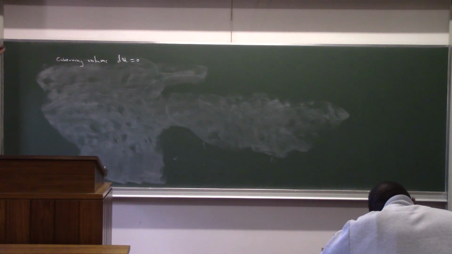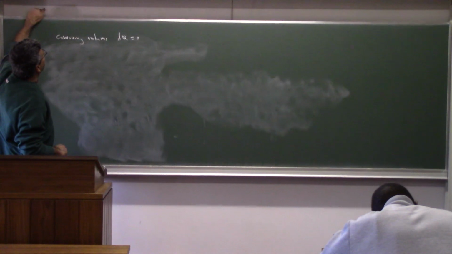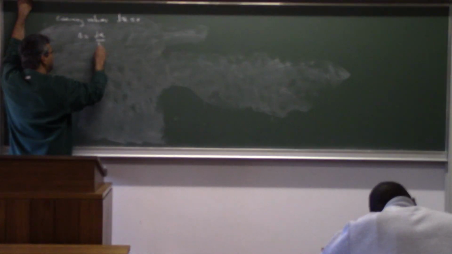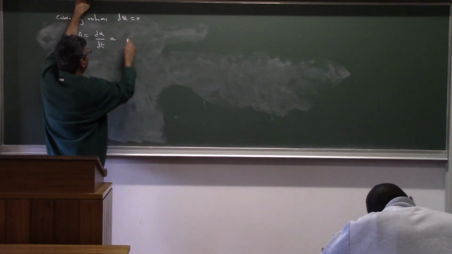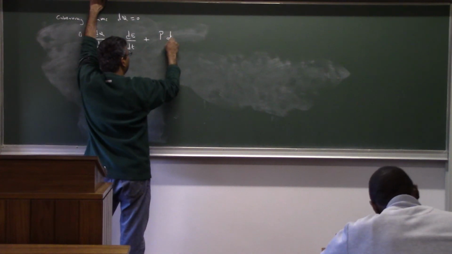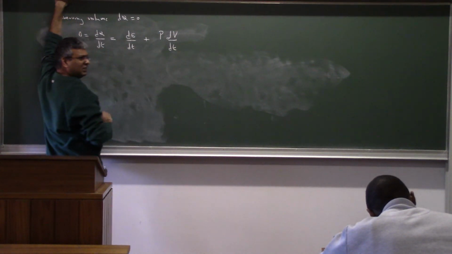So this equation, if you divide it by dt, tells us that 0 is dQ/dt, which is dE/dt plus P dV/dt.